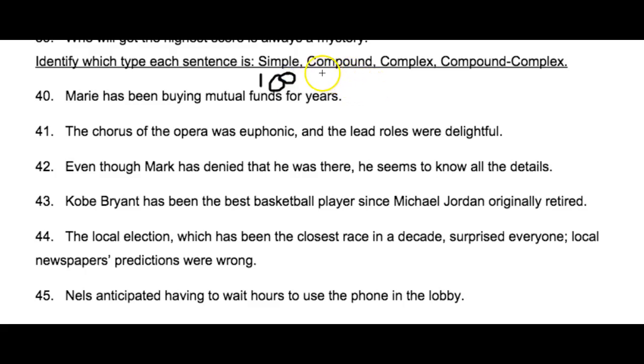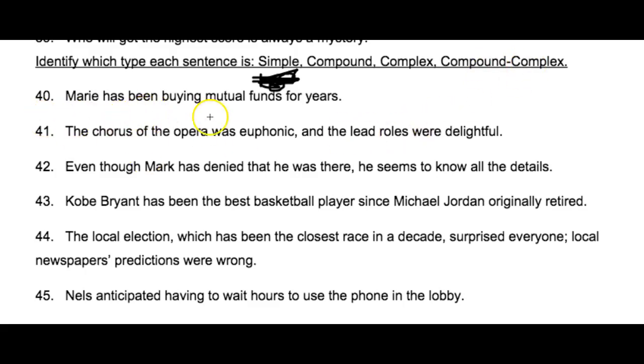A compound sentence has two or more independent clauses, but no dependent. Complex has one independent and one or more dependent. Compound complex has the attributes of compound and complex. So compound is two or more independent clauses, and complex is one or more dependent clauses.